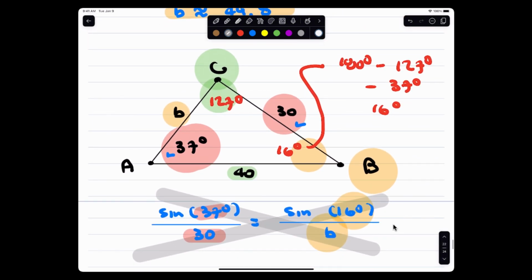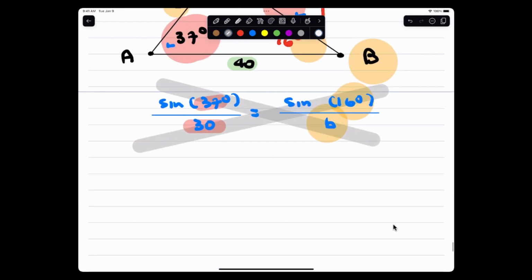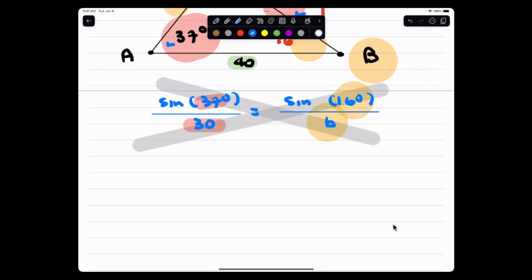Okay, so take a look for you guys at home writing all this down, or even in the classroom, write that stuff down. We're almost done there, so ladies and gentlemen, let's finish this off here. Okay, little b sine 37 degrees becomes 30 sine 16 degrees.